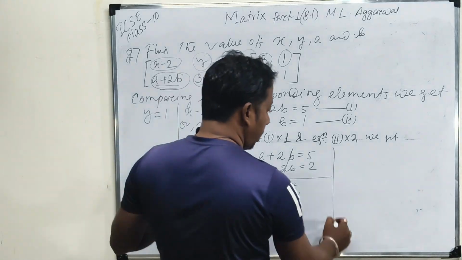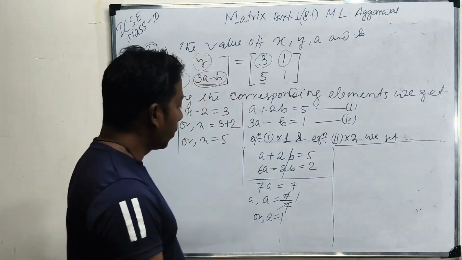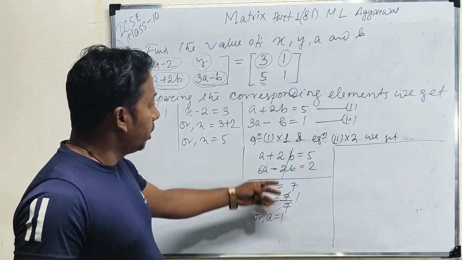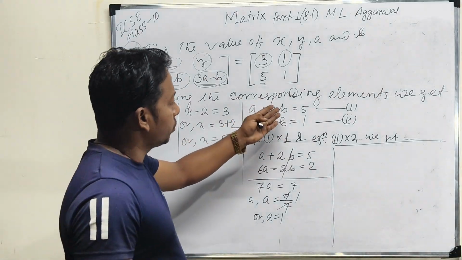So we get the value of a equals 1. Now substituting the value of a in any one of the equations, we are choosing equation 1.